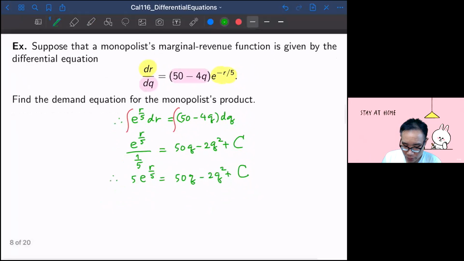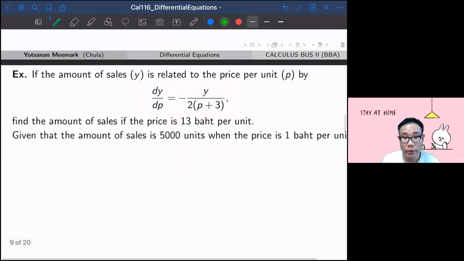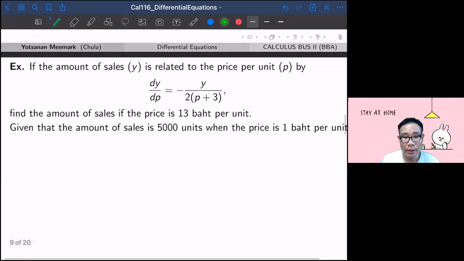Okay, the next one, if the amount of sales y is related to the price per unit p by this form, we would like to find the amount of sales if the price is 13 baht, given that the amount of sales is 5,000 units when the price is 1 baht per unit.